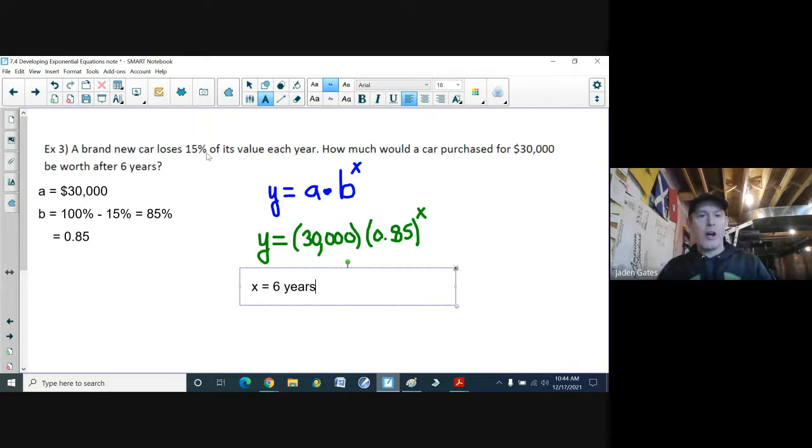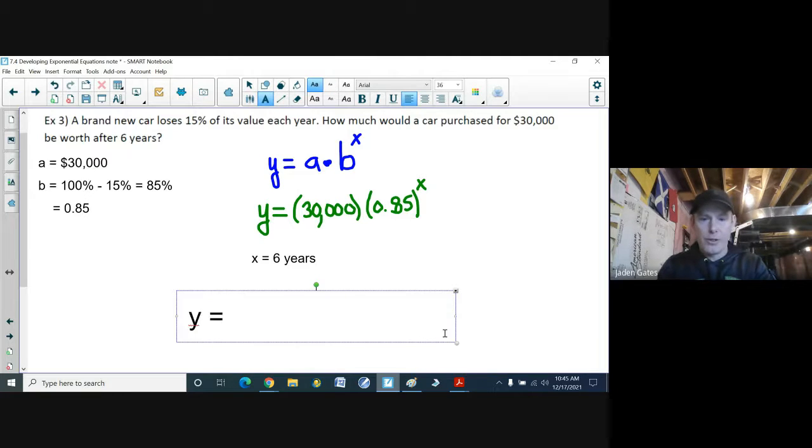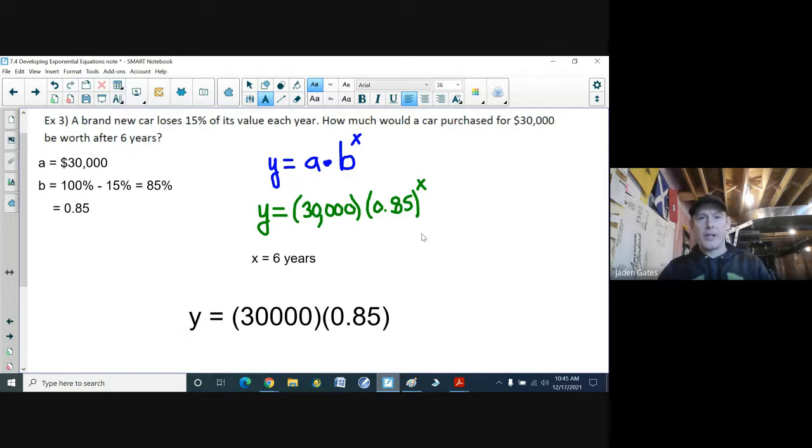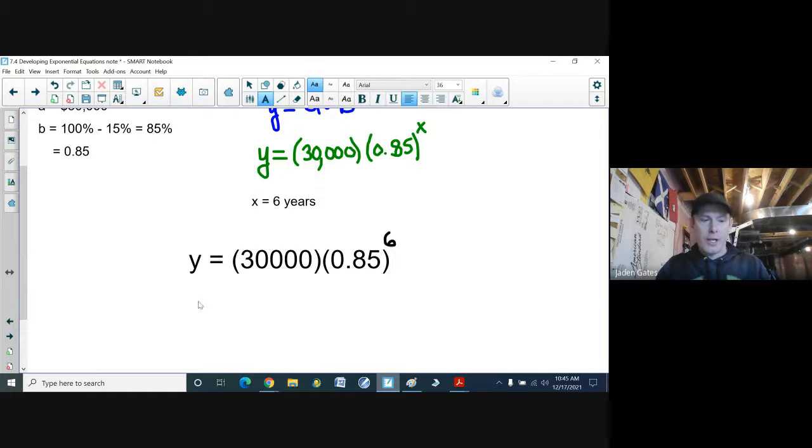Our rate is in years, so we don't have to make any adjustments there. That's good. So now I can just plug in my information: y equals $30,000 times 0.85 to the power of 6.